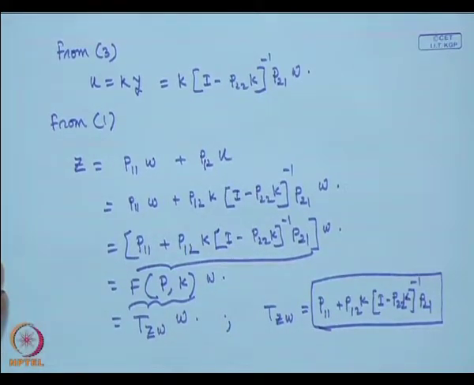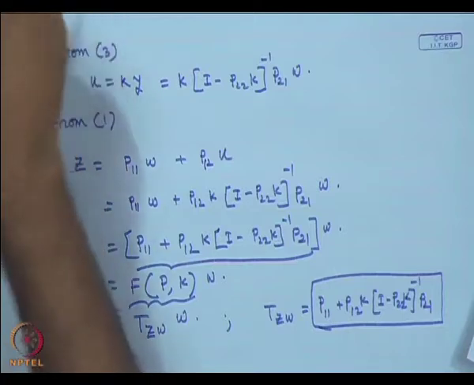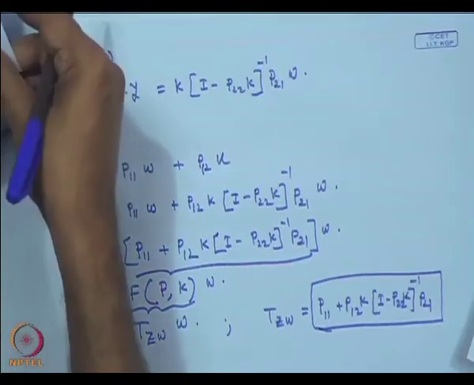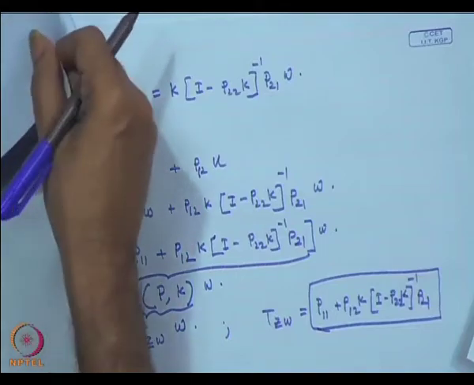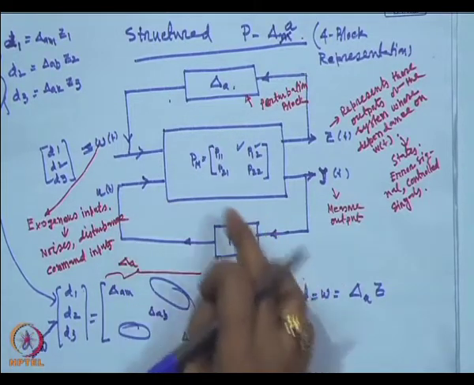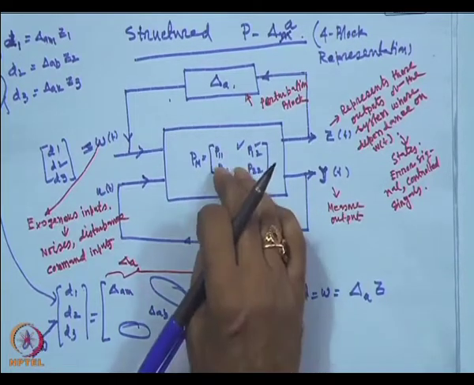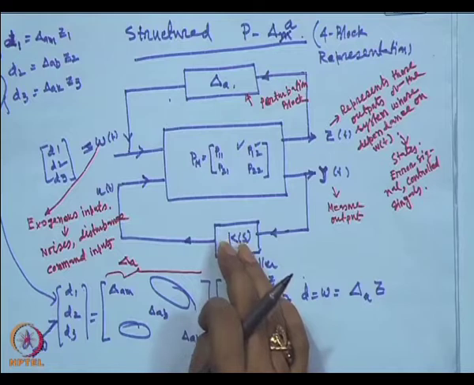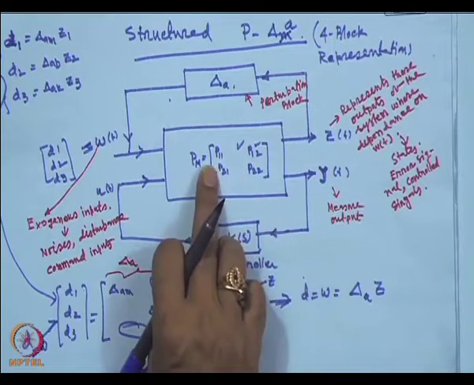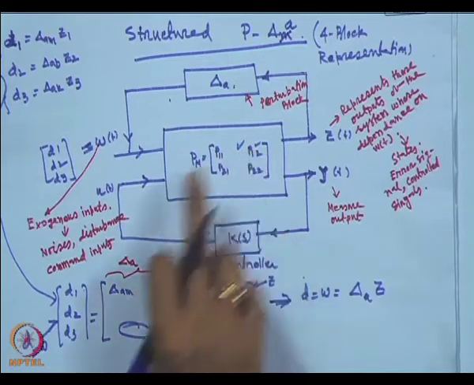the H infinity controller. Then how do you remember this expression? As I told you earlier also, look at the basic 4 block representation of the system. The outer loop and the lower loop, we want to merge into the P block. That means you have to start with the upper row of that P block, P11.